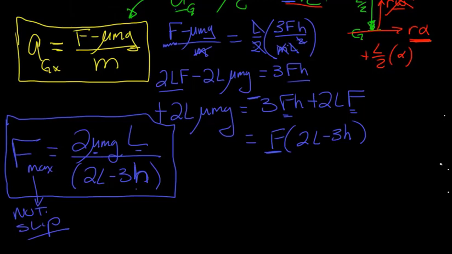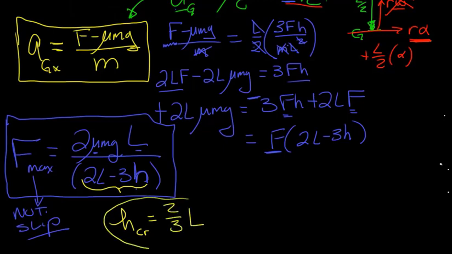And again, we saw, like we did earlier, where we could find H critical as 2/3 of L. And we saw that that was the center of percussion before as well, where if H is greater than H critical, we're going to get a negative F.